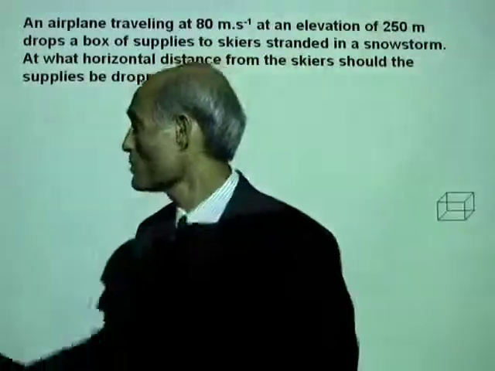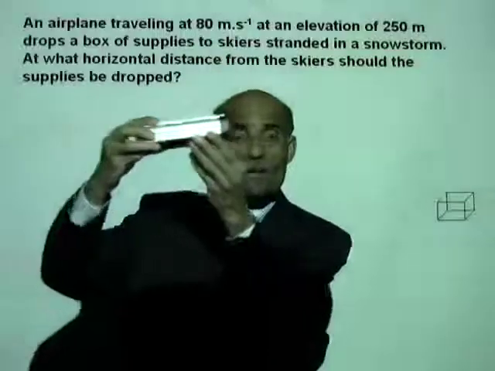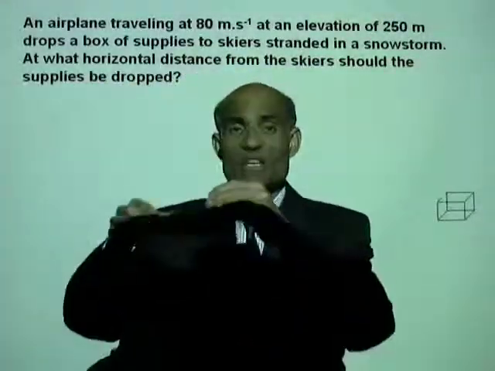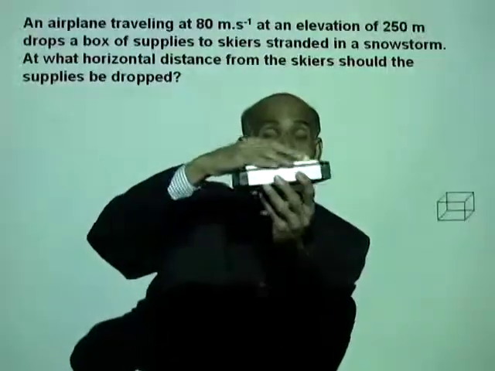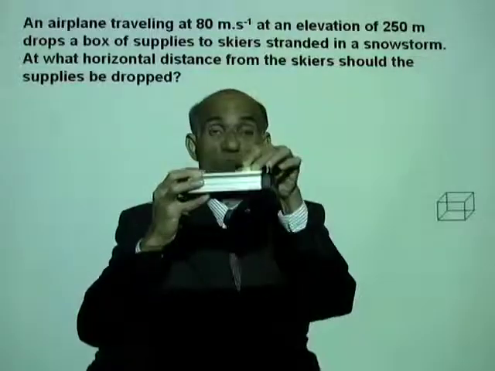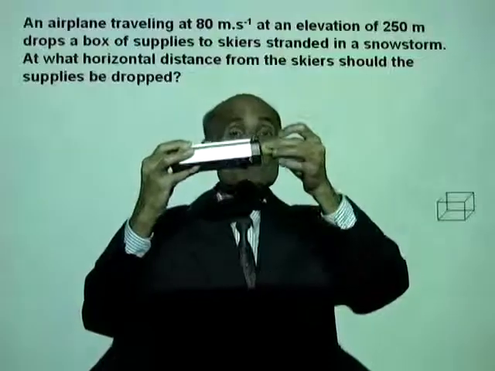Now, I hope you understand this concept. Now, suppose this is the airplane traveling, and from the traveling plane you're going to drop a box. Now, that means this box has the same horizontal velocity of the plane.